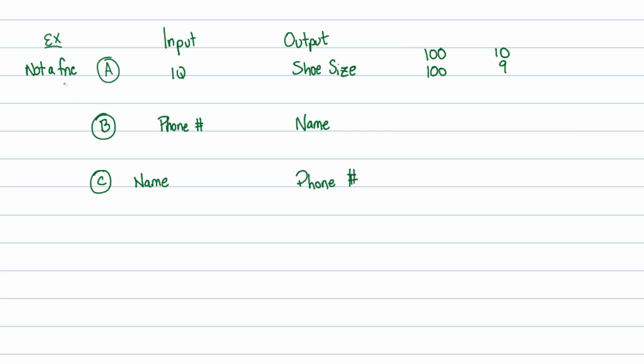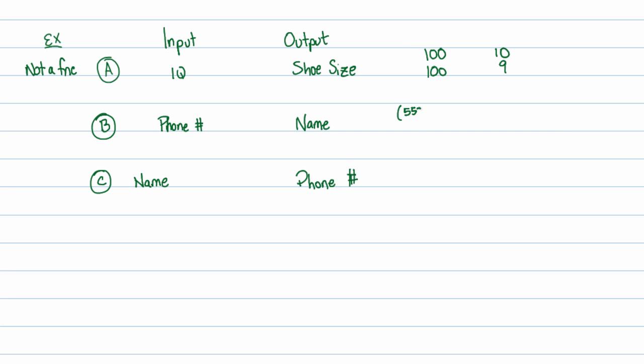And by the way, my shorthand for function is FNC. I might slip into that notation every once in a while. The second problem, the input is a phone number in the United States with area code included, and the output would be name. Now, this is kind of a tricky one because somebody might share a phone with someone else.